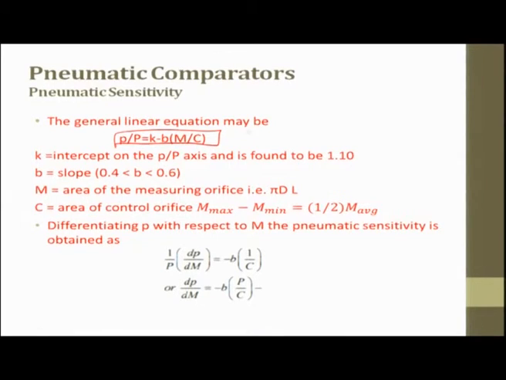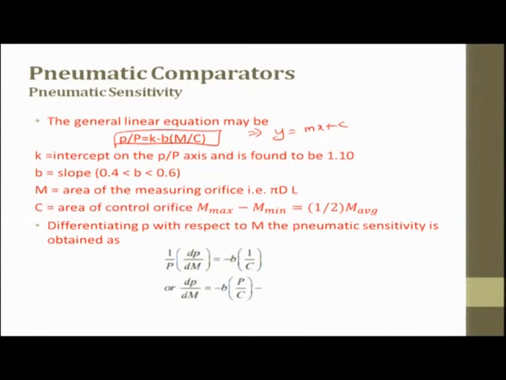This is nothing but the basic linear equation y equals mx plus c. We take this linear equation and bring it here. Why linear? Because linear is where we can dictate or demand what output we want.